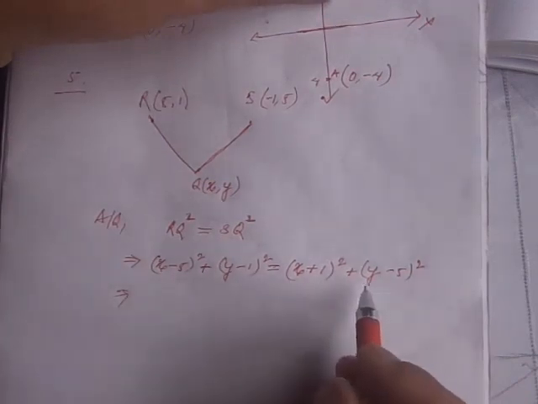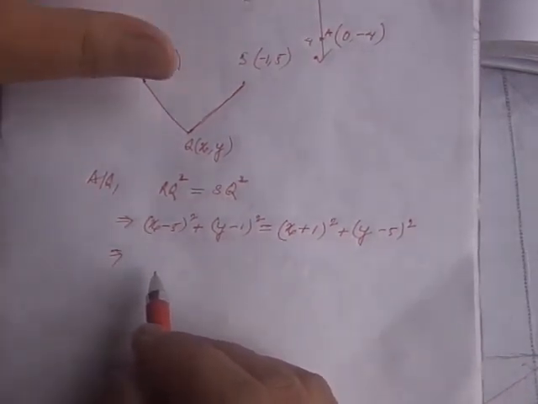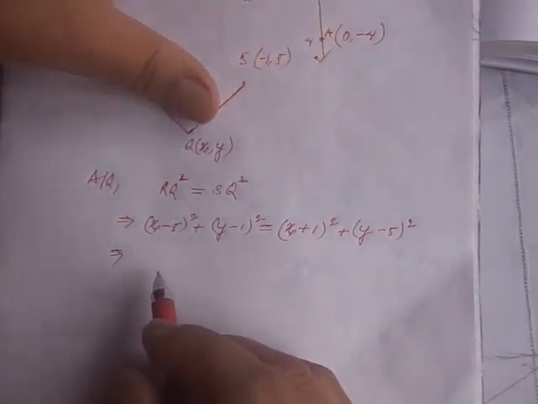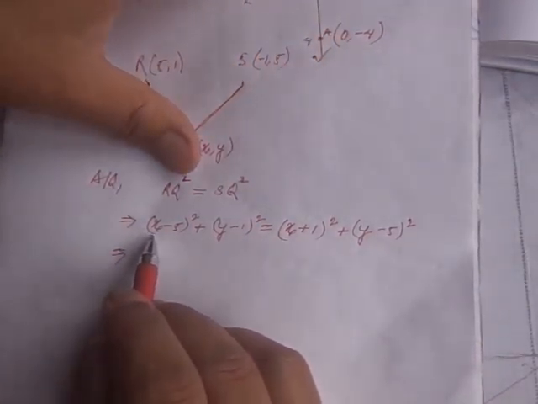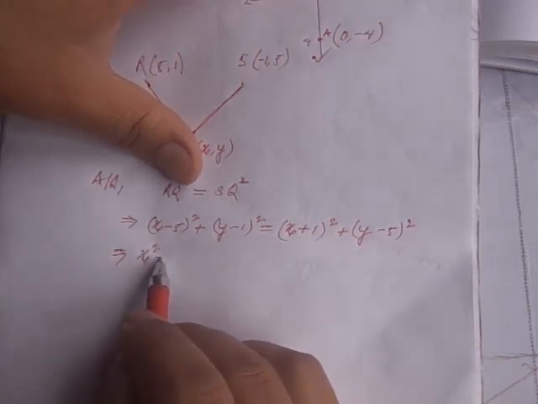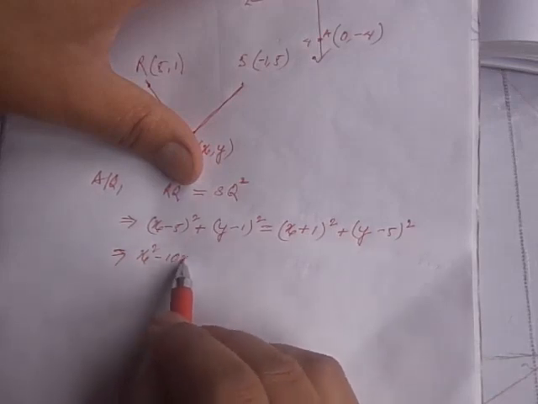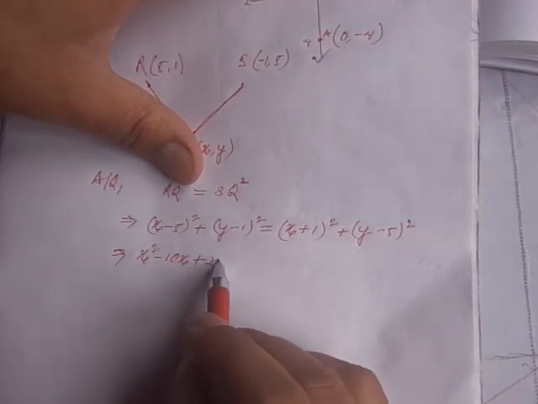We have to simplify, not solve, to get the simplest form of the equation. Let's see. If I express this in the form of (a minus b) whole square, this will come a square, then minus 2ab, so that 2ab will become 2 times x, then plus b square, this will come 25.